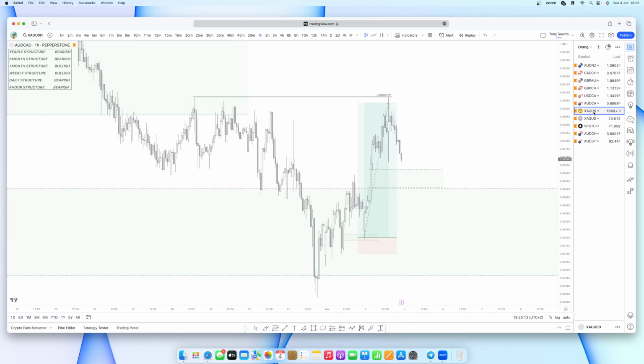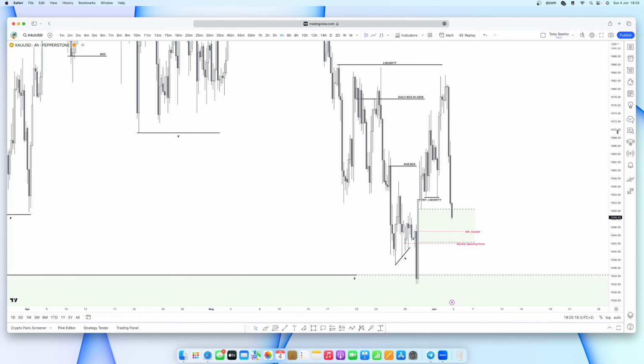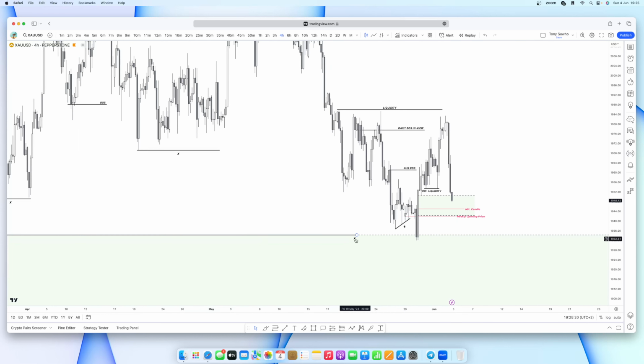And then for gold. Now, gold, I gave the trade I did last week also, that I'm anticipating the price should take out this liquidity to the downside, this 4-hour liquidity. And I was looking at price coming into this imbalance first before taking out the liquidity.